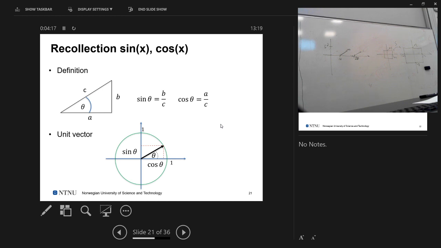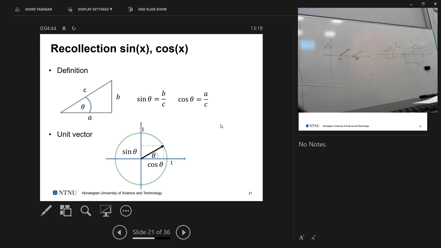Now, if you have a unit vector, which means a vector that's bound at the origin and always has length 1, it will always lie on the unit circle, right? And in this special case, you very neatly see what the new coordinates become. So let's say you started off at x-axis here, and you rotate it up with an angle theta, and you see that the new coordinates will be cosine theta and sine theta.